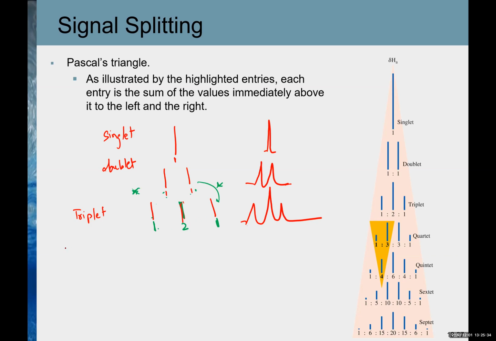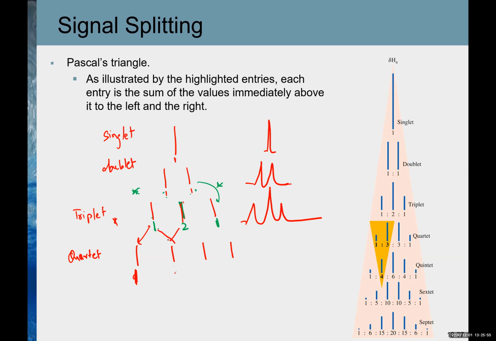Yep. When we have quartet, so quartet, draw 4 lines, 1, 2, 3, and 4. Now we need to figure out the intensity. So the side lines, it comes from here, 1 and no number. So 1 plus no number will still be 1. The intensity of the middle line comes from these two numbers.